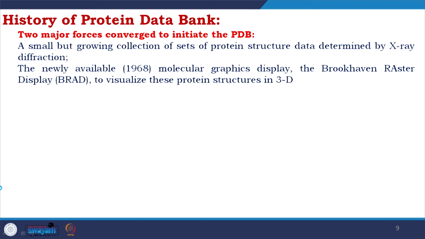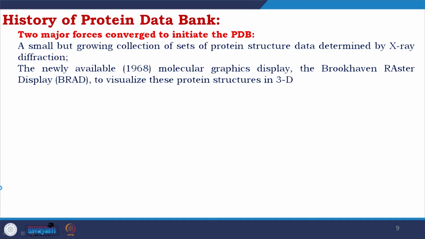As new structures were coming, more and more scientists wanted to do research on them, compare them. So, visualization was a must, and at that time the development of the Brookhaven raster display happened, and now people wanted a platform. The idea of that platform initiated the idea of PDB.